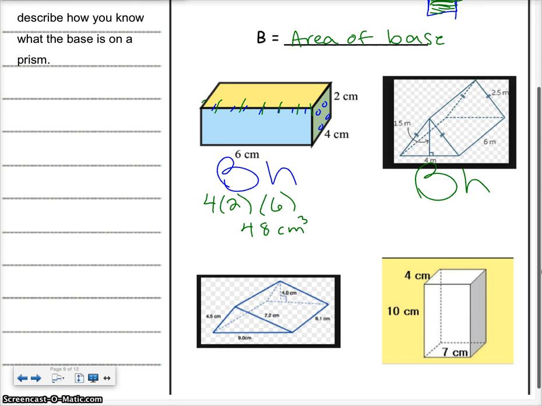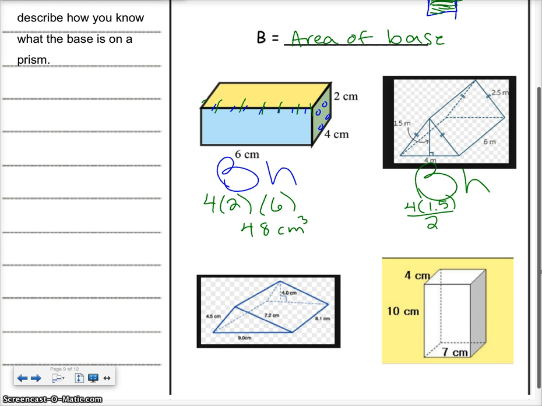The base is my triangle, so it's got the area of a triangle, little b, which is 4, times the height of the triangle, not the height of the prism, the height of the triangle, 1.5, divided by 2.